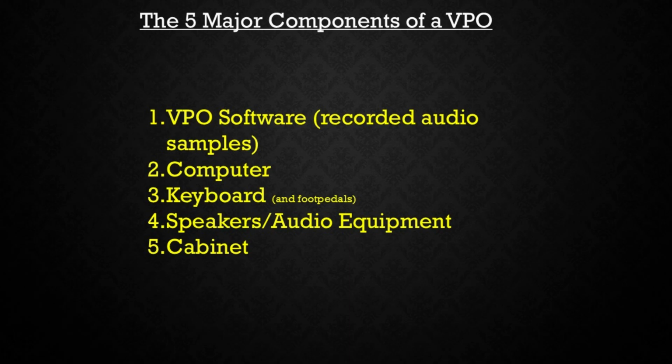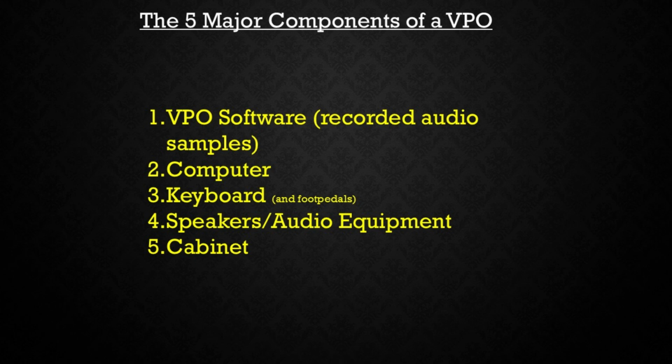So some audio engineer has gone into the field, into a church or some other venue, and has taken recordings of real pipe organ pipes and how they sound in that room. Those recordings are then put into a piece of software, packaged up into some kind of program, which you can then download and then play, if you will.